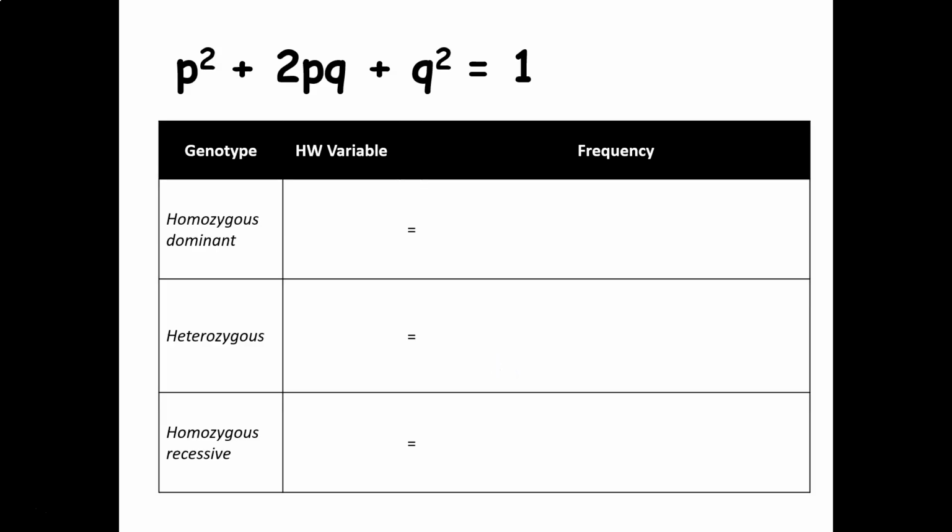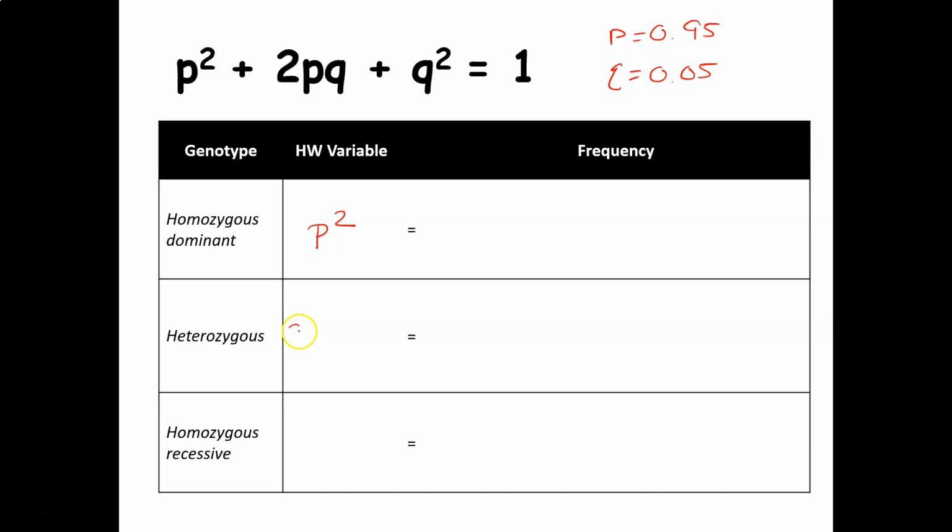Okay, so now I know that p equals 0.95 and q equals 0.05, and I can figure out what the frequencies for each of the corresponding genotypes would be. So if I look at my homozygous dominant, remember that's my p squared.